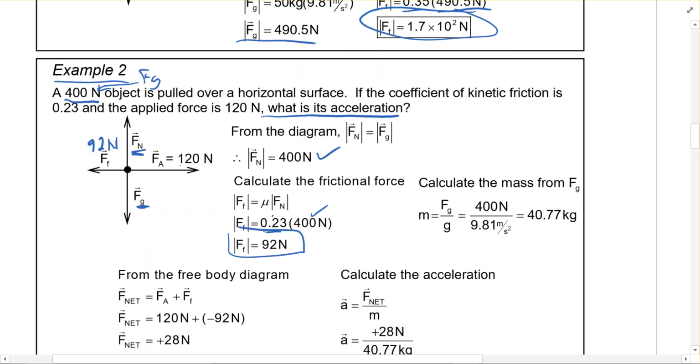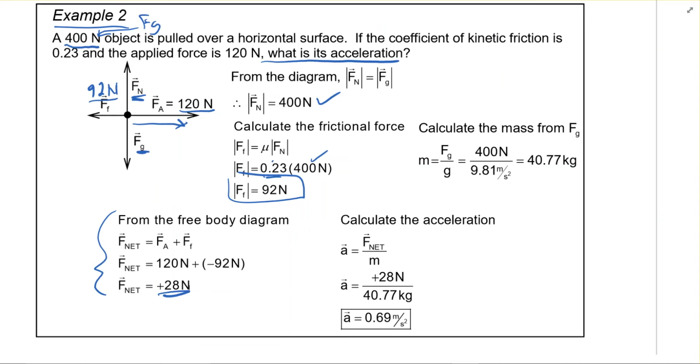So that's going to be the difference between 120 and 92. And that's just what we did down here. So the net force is going to be equal to positive 28 newtons. So this thing's going to be accelerating this way, right? It's because it has a net force in the positive direction.